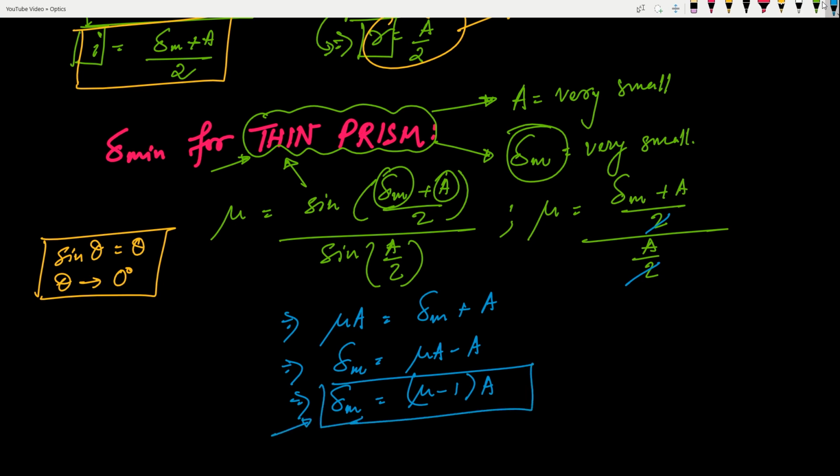So this is the formula for minimum deviation when the prism that we are using is very thin. So the two things that you need to remember is that, since you already know this formula, just remember that A will be very small and delta m will be very small, and then use this concept to find the value of delta m, that is delta minimum is equal to (mu minus 1) multiplied by A. I hope the concept is clear.